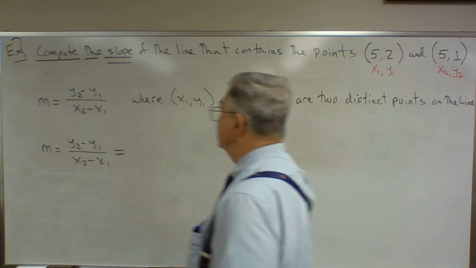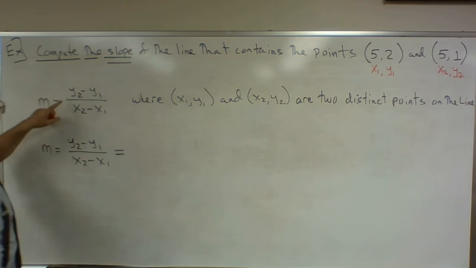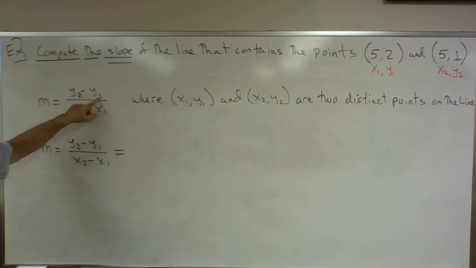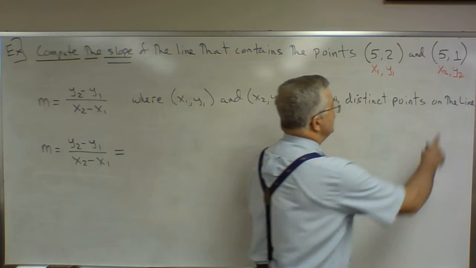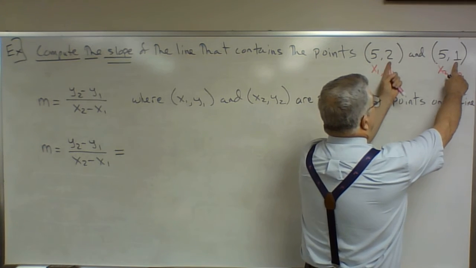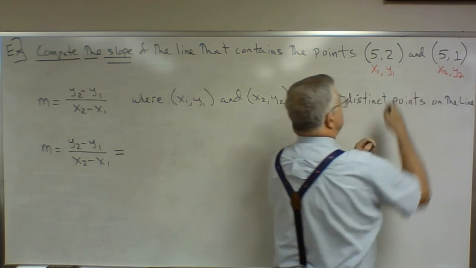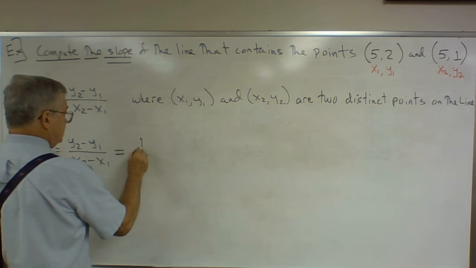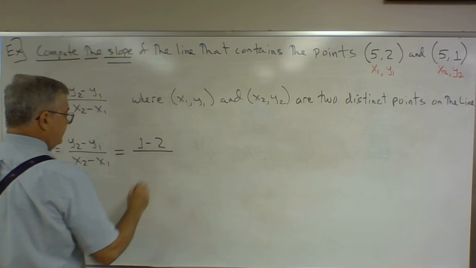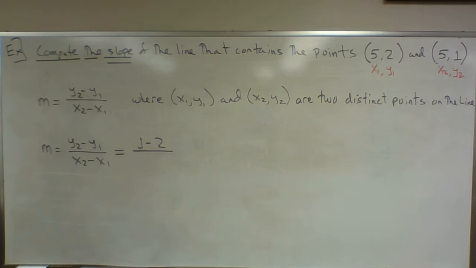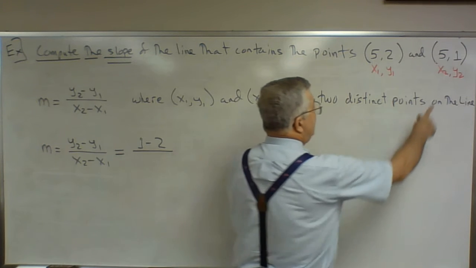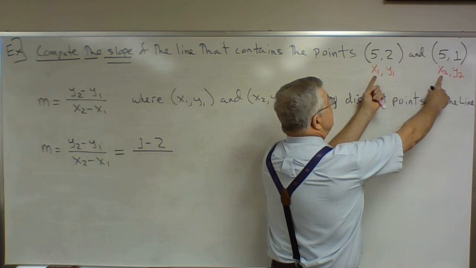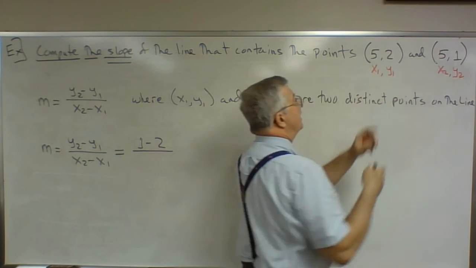And we use our good old slope formula. Y2 minus y1, that's 1 minus 2. Now x2 minus x1, 5 minus 5.